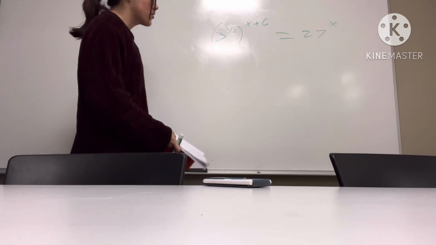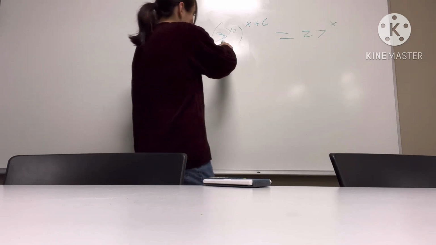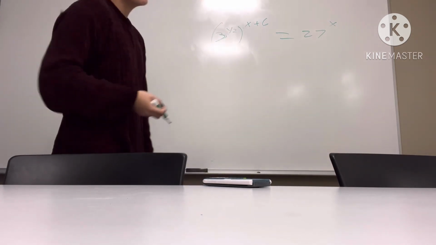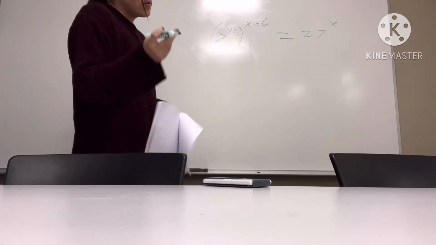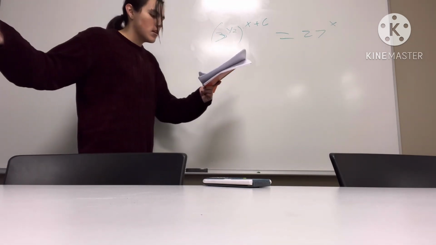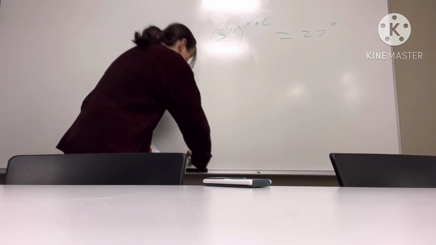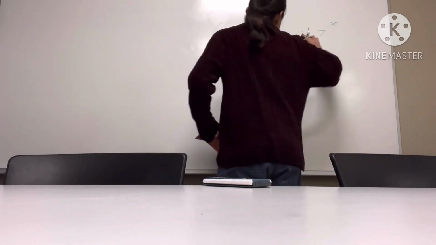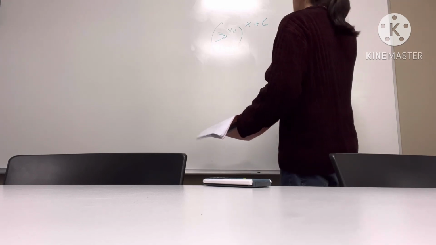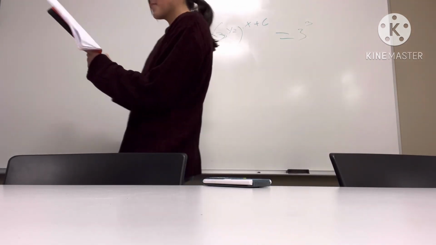Alright, next thing you want to do, you want to make this the same as that. You want to make 27 and 3 match. How do you do that? Well, you could probably just input random exponents into your calculator. It will come up with 3 to the power of 3, which would equal 27, which is why you can use it.